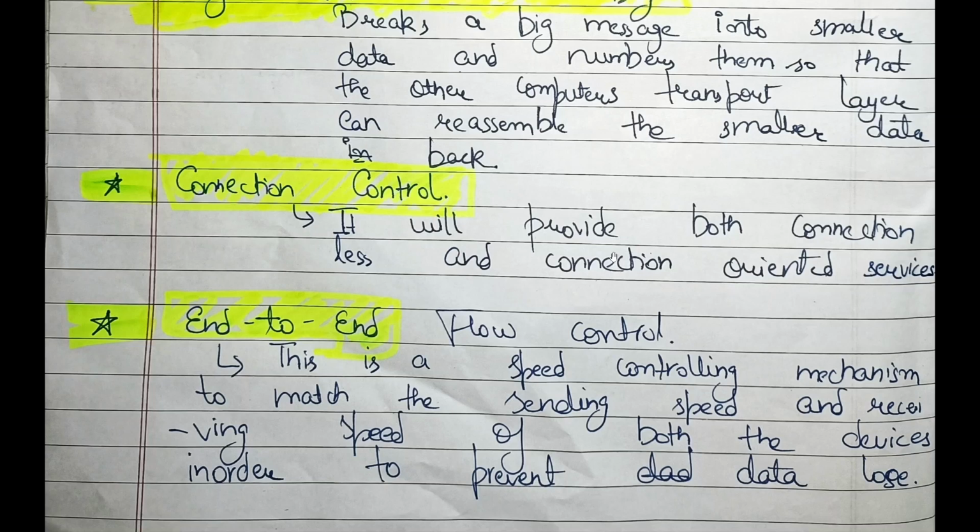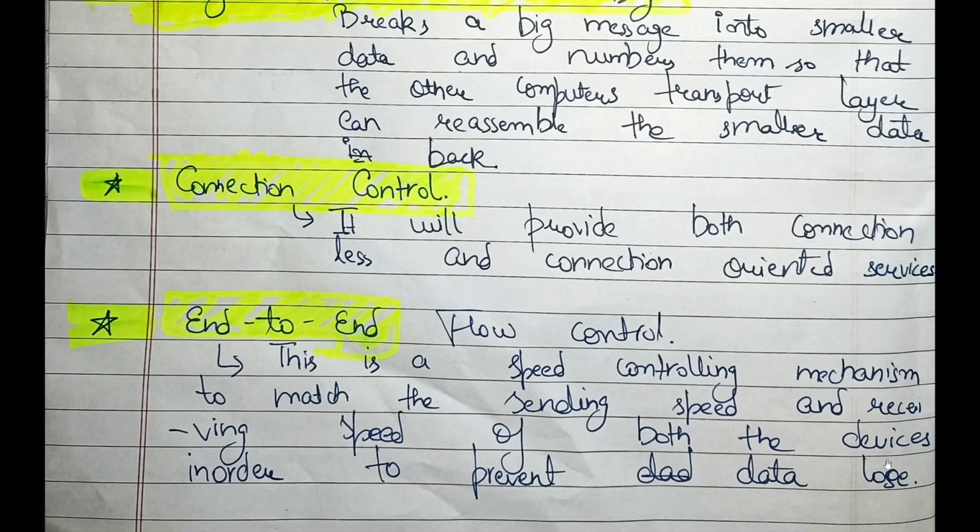All right. Now end to end flow control. You already know what flow control is, but let me elaborate it one more time. Basically, this is a speed controlling mechanism to match the sending speed and receiving speed of both the devices in order to prevent data loss. Now if you have 3 MB per second speed and I have just 1.5 MB per second, and you are sending me data at 3 MB per second, I am only receiving 1.5 MB per second.